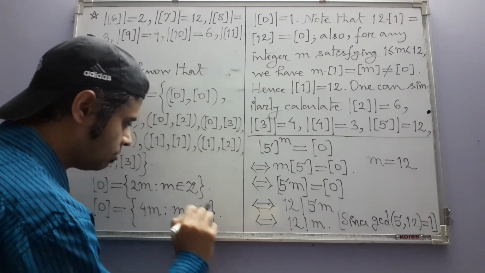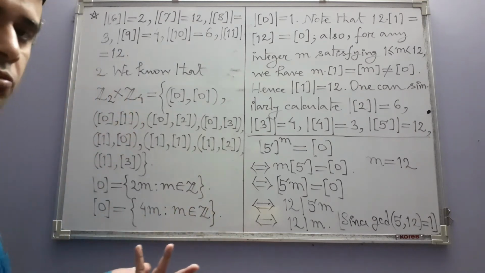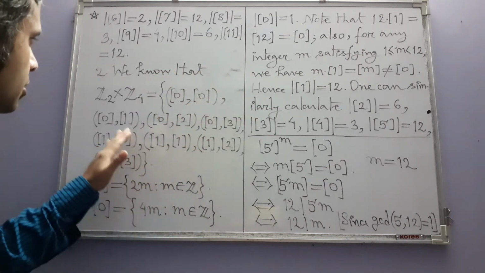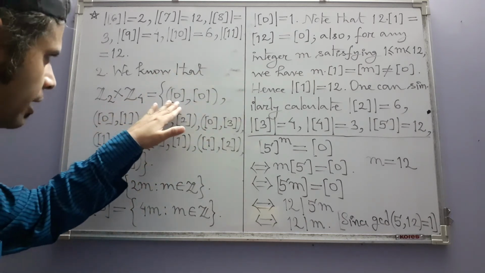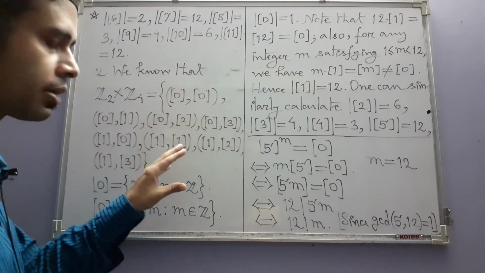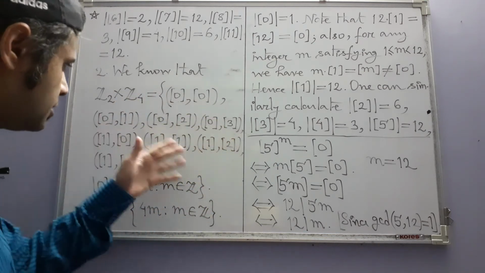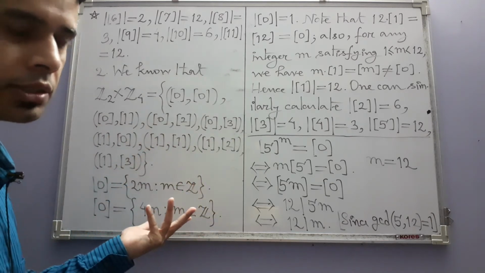And these are two different subsets of the set of integers. But because there is no chance of confusion, since we know where the first coordinate elements are coming from and where the second coordinate elements are coming from, we decide to use the same notation.